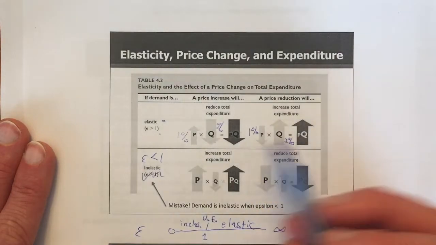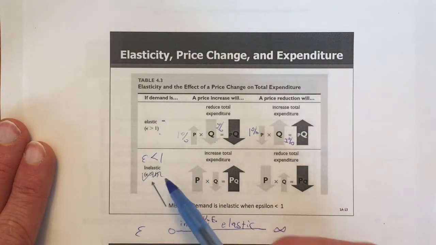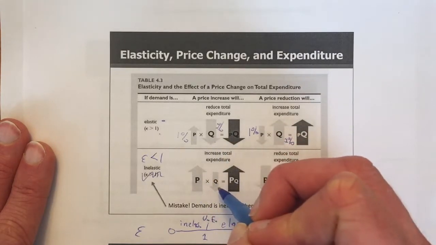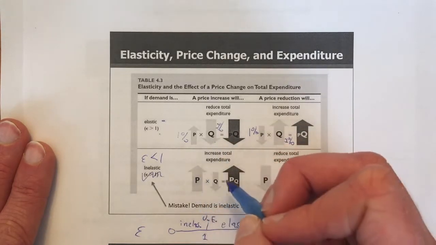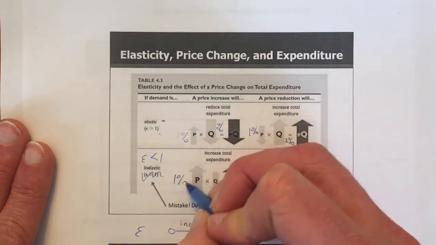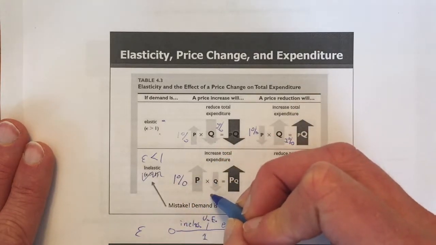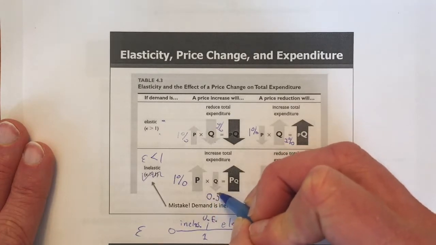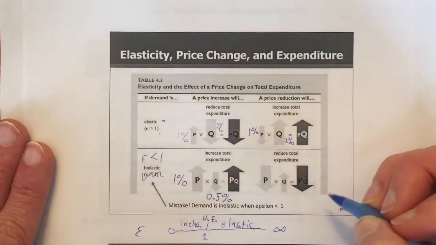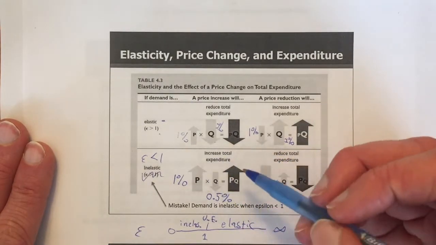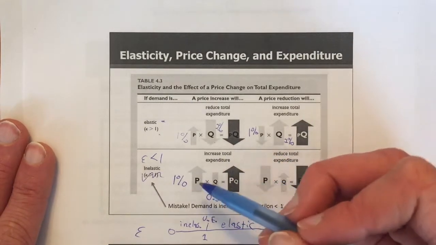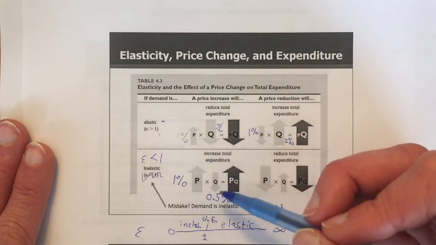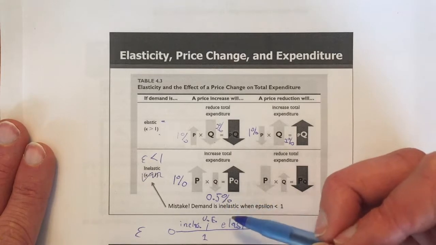All right. Okay, so when a good is inelastic, the price effect is greater than the quantity effect. So price changes more than quantity. Again, let's say we have a 1% increase in price, and the quantity demanded only goes down by 0.5%. Then in this case, total expenditures will increase because the price of the good is going up more than the quantity demanded is decreasing.